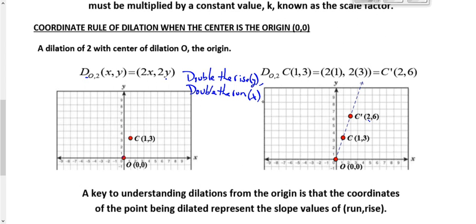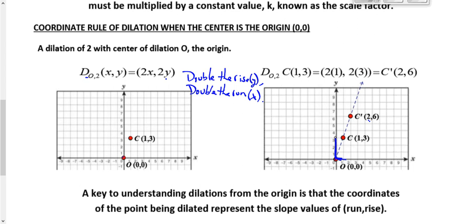Now it's 0 plus twice that difference. To get from 0 to 1, it's what minus what? 1 minus 0.